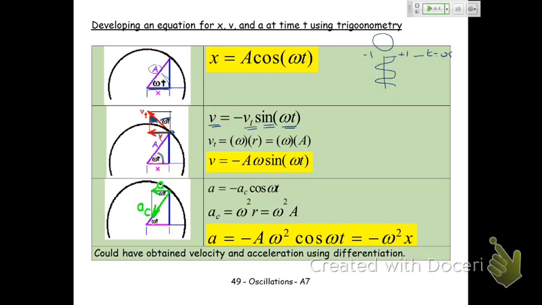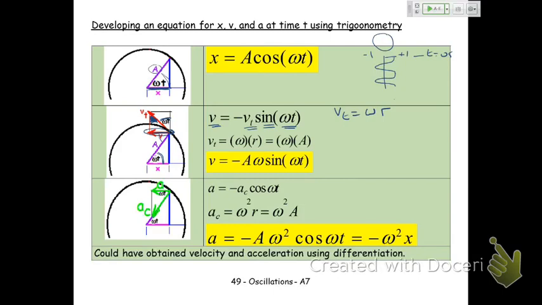And why is it negative? Well, that's pointing in a negative direction, so it's minus Vt sine omega t. All right, I don't want to work with 101 different symbols, so I want to convert my Vt into something that I'm familiar with. Remember what we did before on the last page? We said the tangential velocity equals the angular velocity times r.